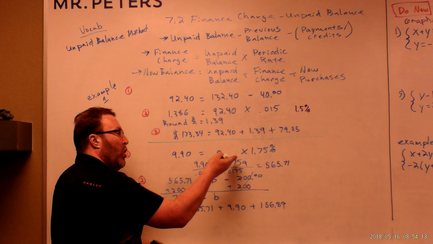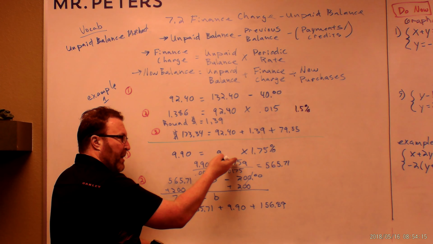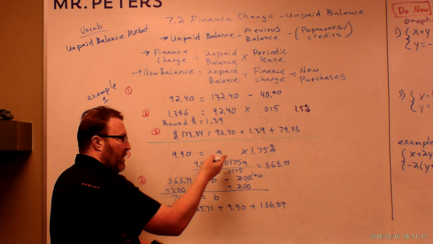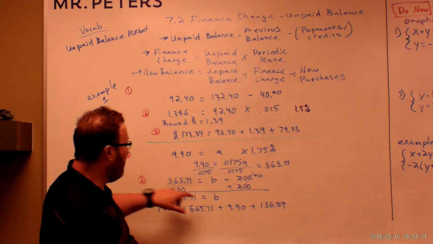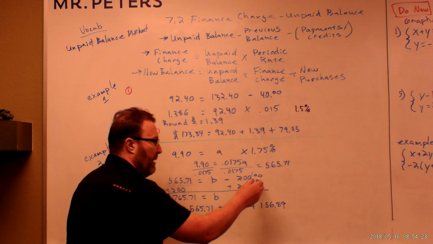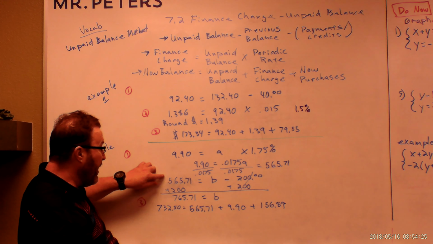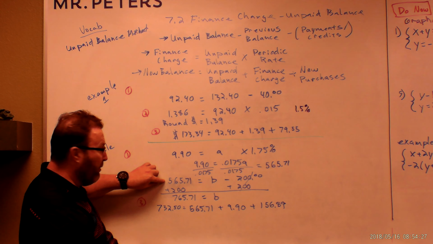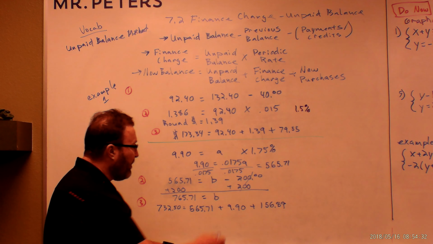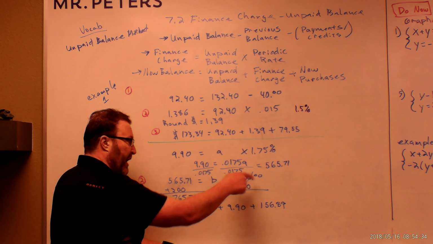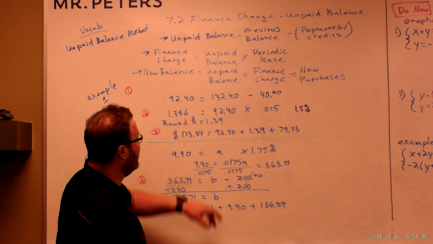So in this problem, we don't know the amount they're being charged finance on, and we also don't know what the balance is. So when we go into the second problem, we're just going to use B as a variable. We know that they made a $200 payment. If we know the finance charge amount and we add the payment back in, then we can find the previous balance. So this is B minus 200, because we don't know what this is.